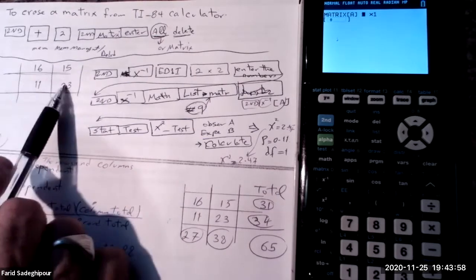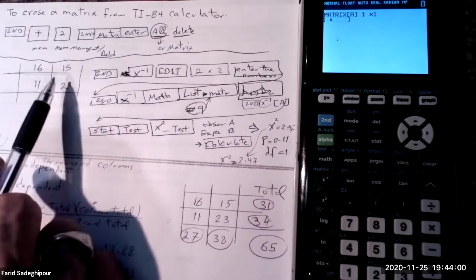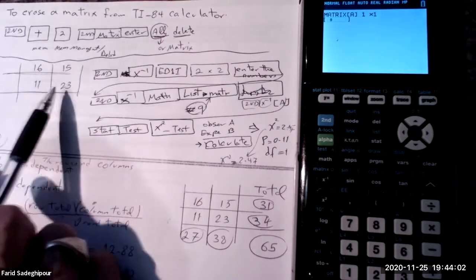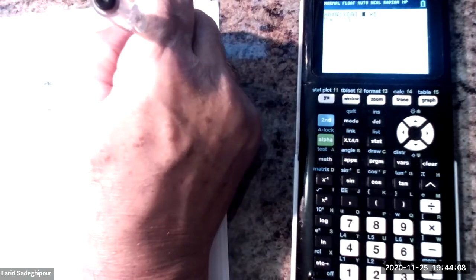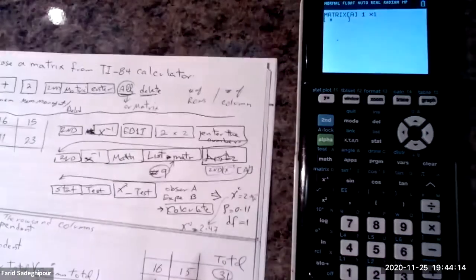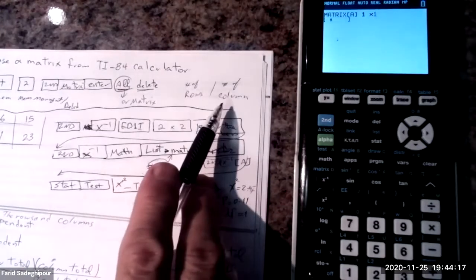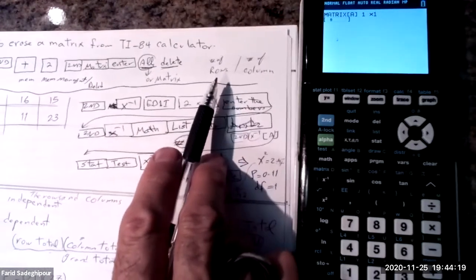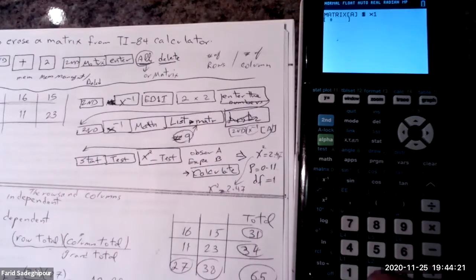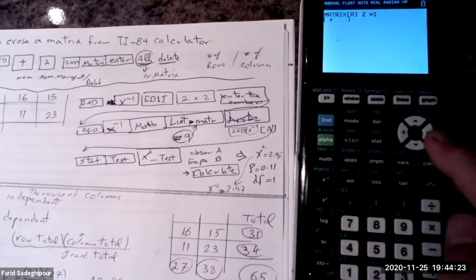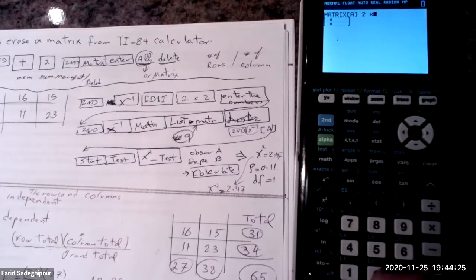There are 2 rows and 2 columns. Most problems are not like that, but here it is 2 rows and 2 columns. So when you want to create your matrix, you need to have the number of rows, then the number of columns. So this is 2 by 2. So here I put 2 and then go to 2 again.